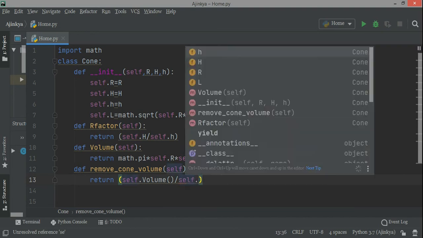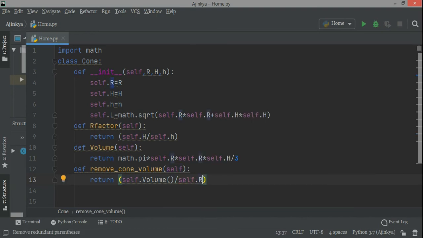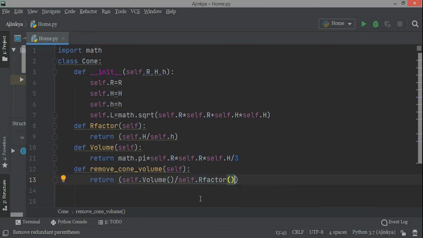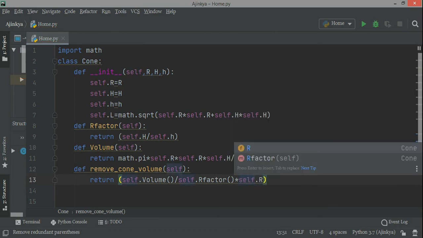So this gives you the idea of capital V, volume, upon k cube, which is the small v, the volume of the removed cone.